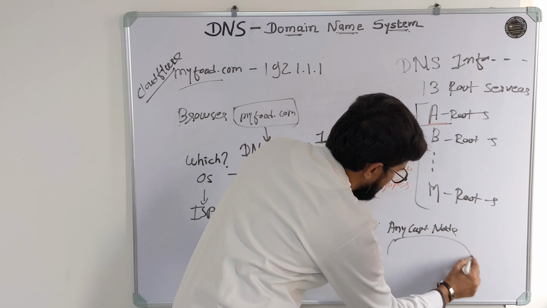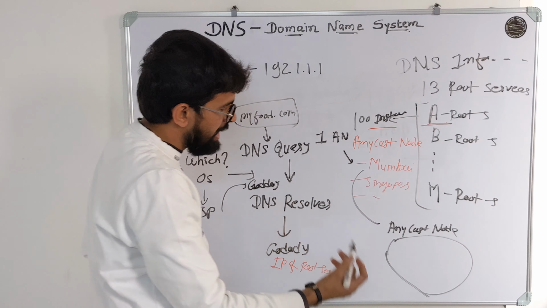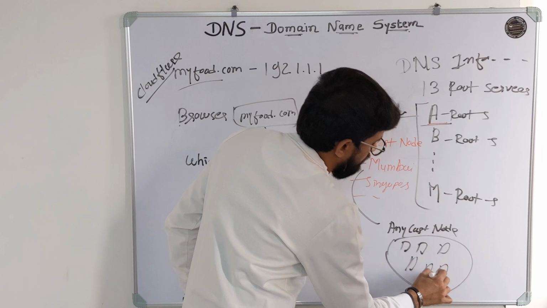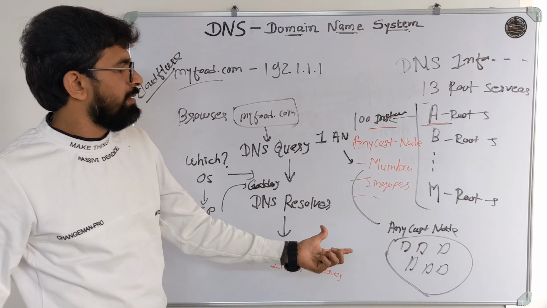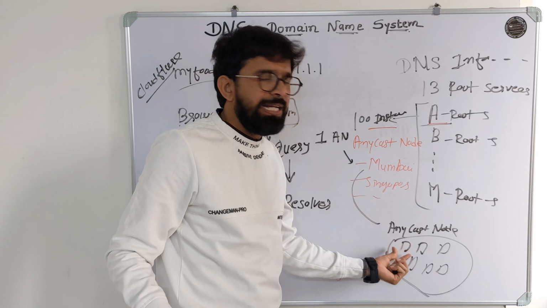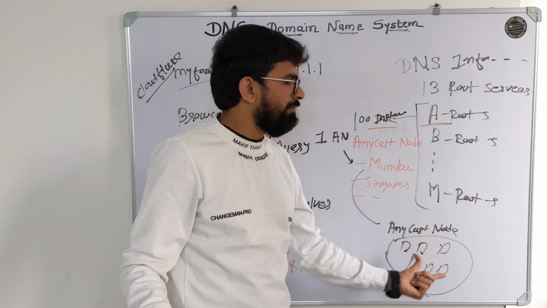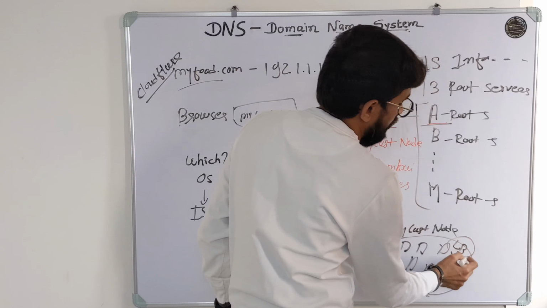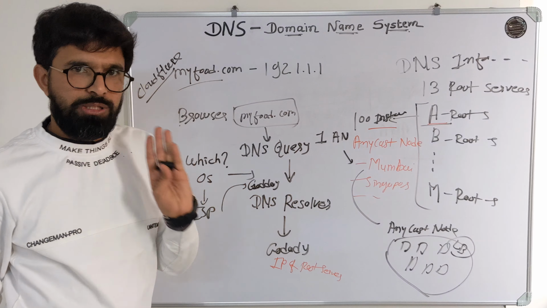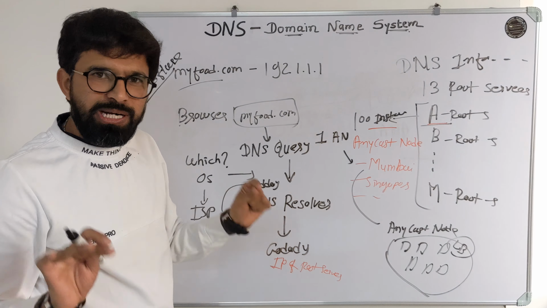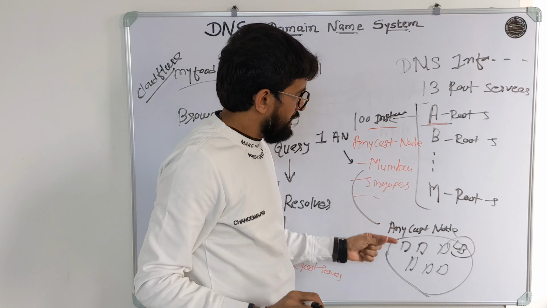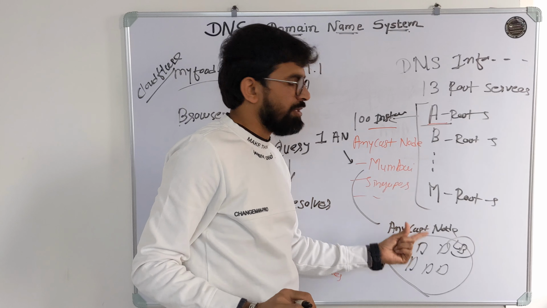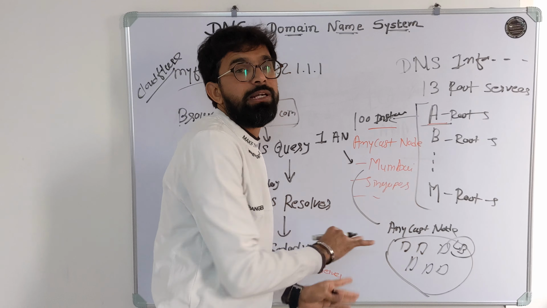But inside that there can be multiple servers that handle the traffic, because it's based on the traffic. One server cannot handle all the traffic, so they need multiple virtual machines, and it's obviously load balanced by internal load balancing. The outer world doesn't know anything about this. The outer world only knows that in the Mumbai location there is one Anycast node of the A root server. That's what the outer world knows.